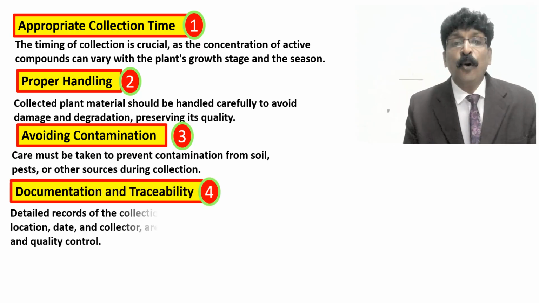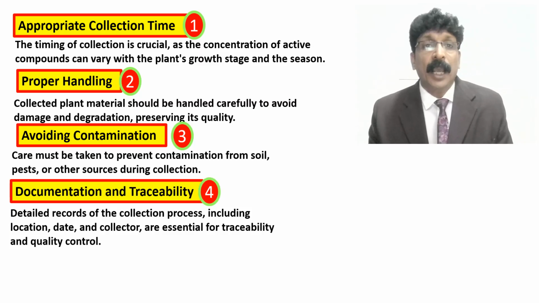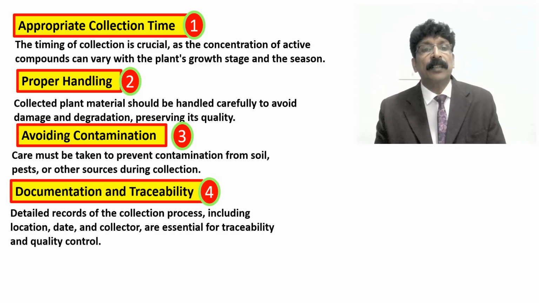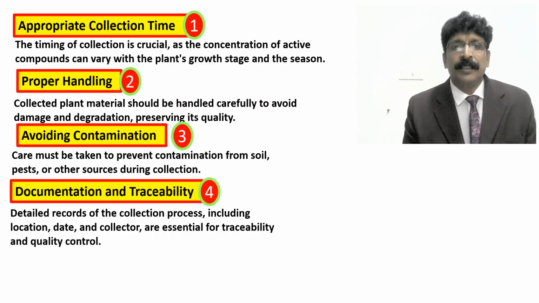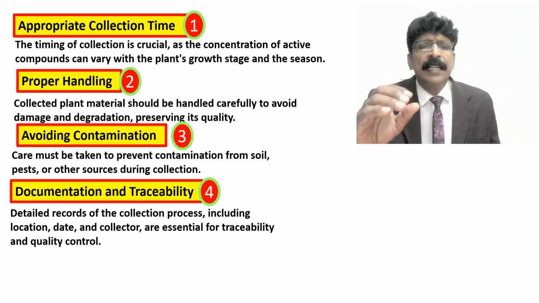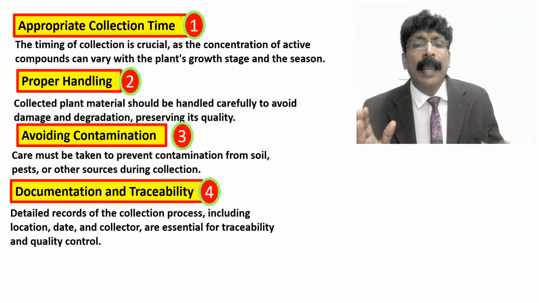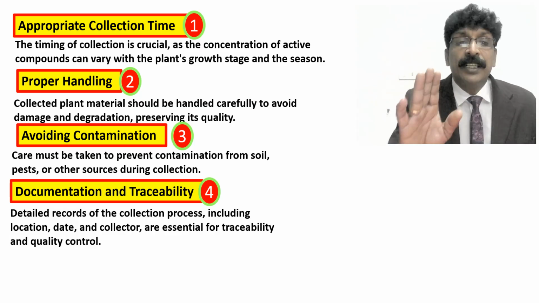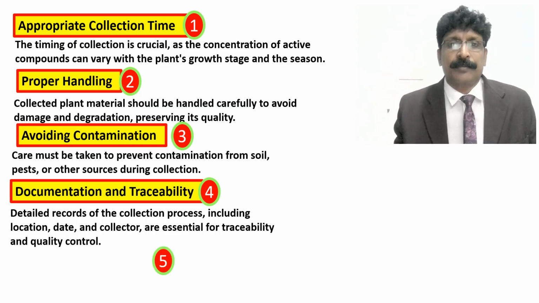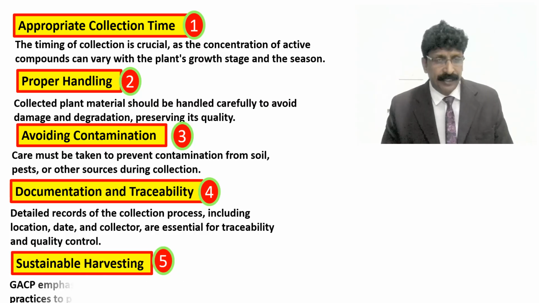Number 4, documentation and traceability, in which detailed records of the collection process, including location, date, and the collector's name, are essential to traceability and quality control. Number 5, sustainable harvesting.